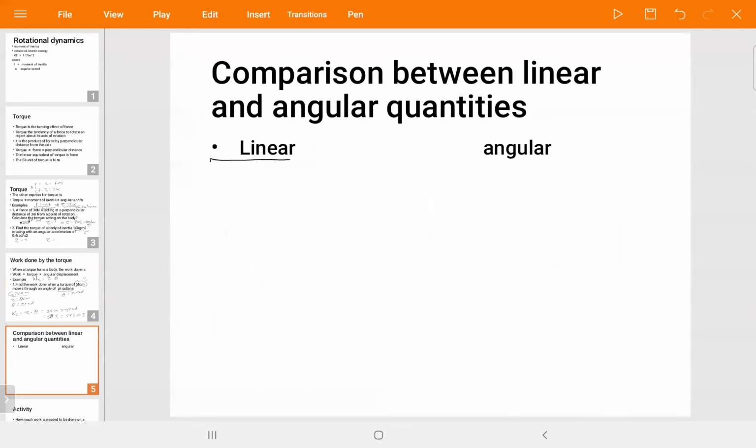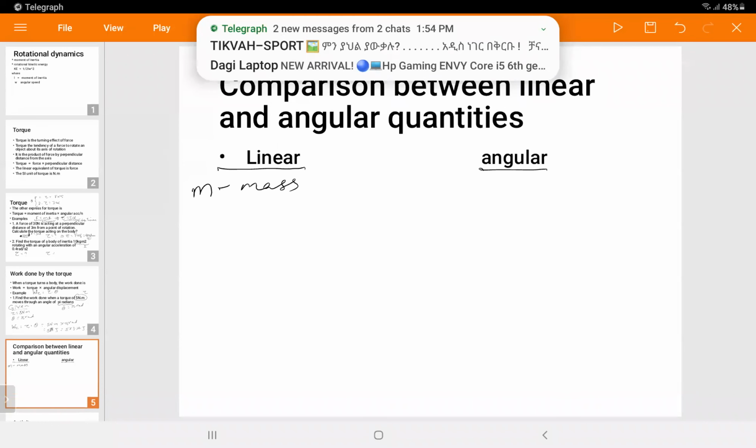We can also compare linear quantities with angular quantities. We have linear quantities in rotational dynamics, and we do have equivalent angular quantities. For example, for linear quantity we can use mass, in kilogram, and the equivalent angular quantity is inertia, which is moment of inertia.